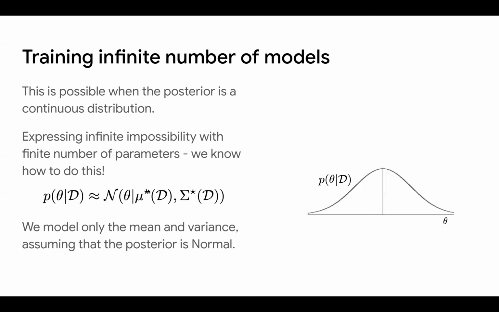But I write down these stars here to indicate that you're eventually going to get the right values for mu and sigma by training on training data set D. So now instead of training theta directly, we are actually training mu and sigma with our training data. So theta is just a sample from this distribution.